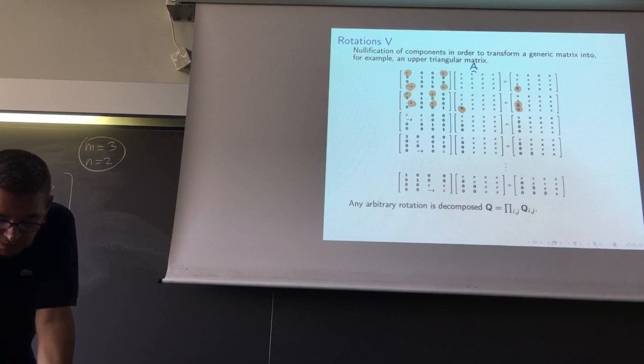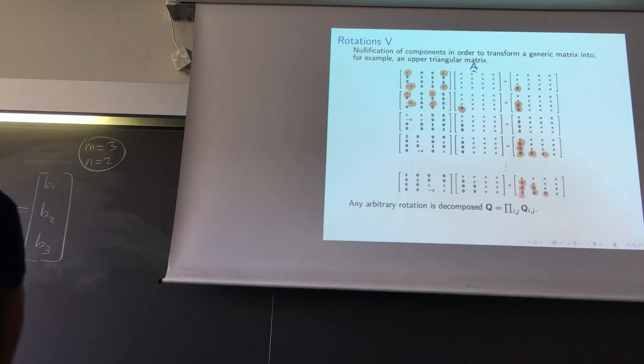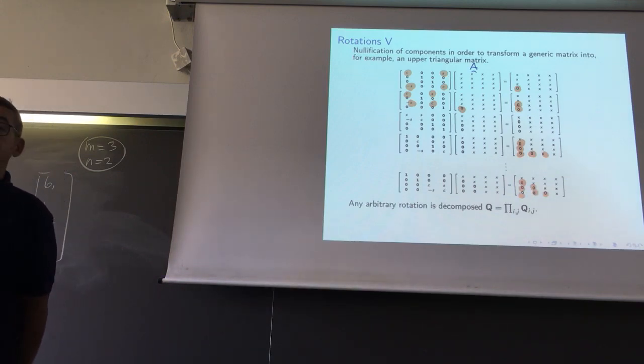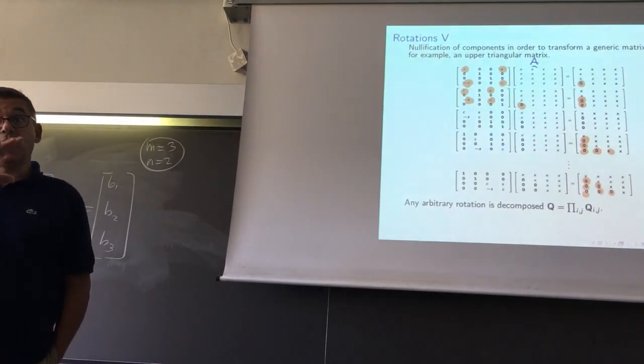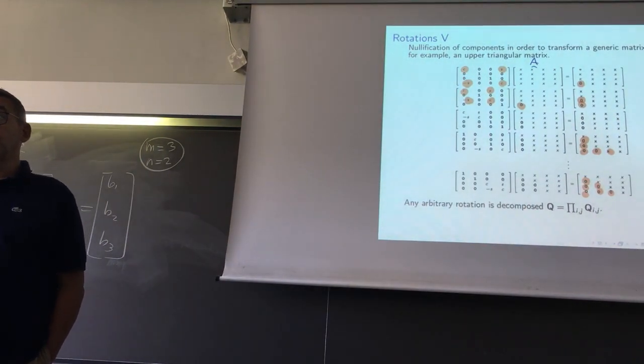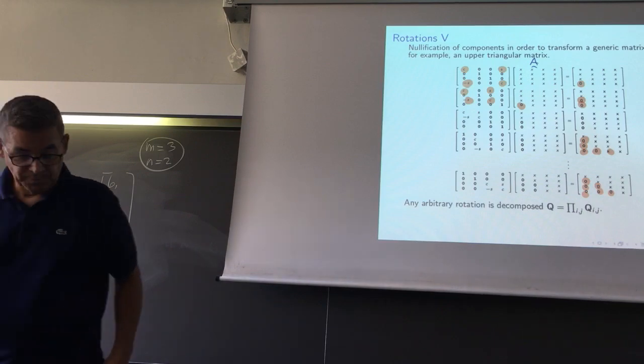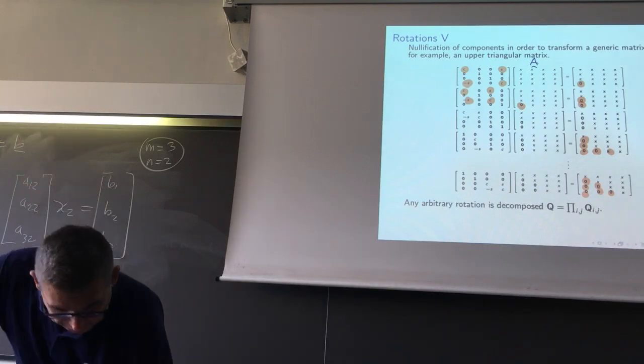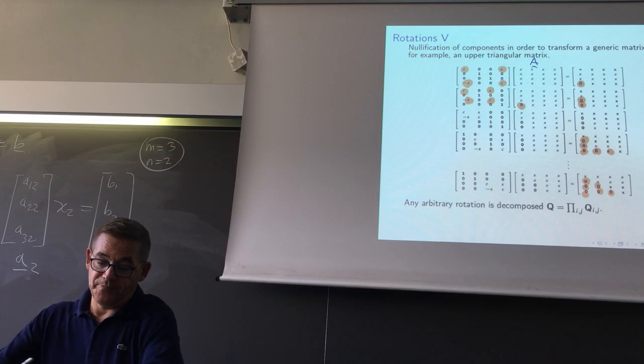And I repeat many times until my matrix becomes upper triangular. Okay? So these rotations are called Givens rotations. Here they are applied, for instance, to reduce a complicated matrix to be upper triangular, and so on. Okay? So I can make any arbitrary rotation.